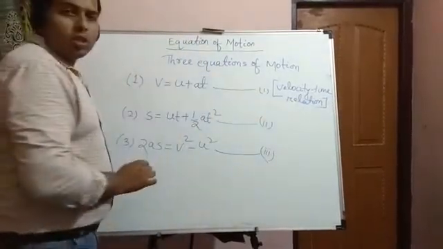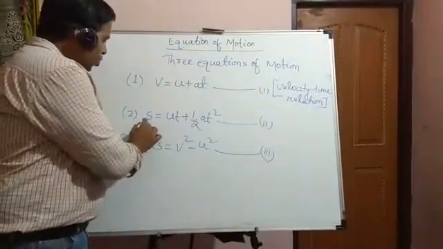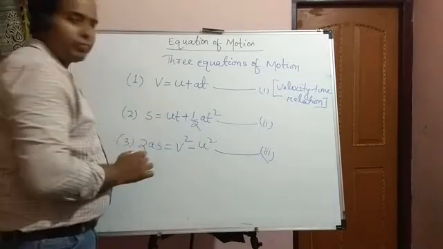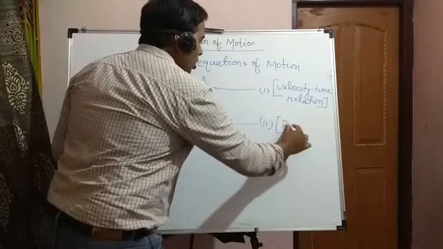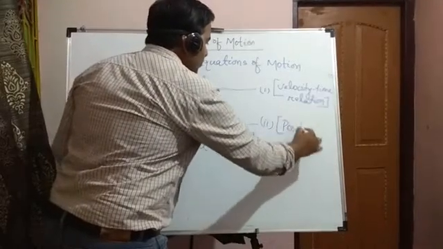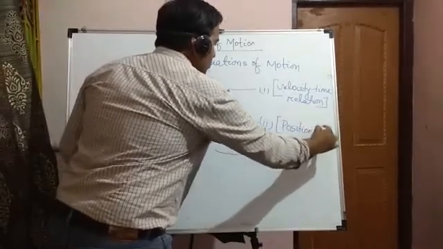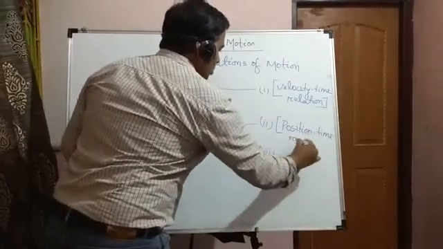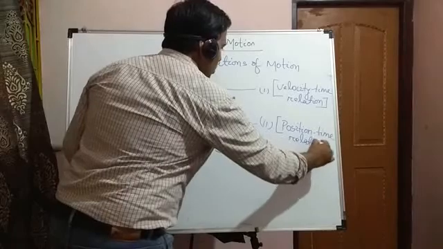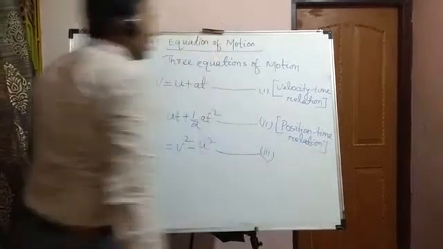In the second equation, we establish a relationship between distance and time, so it is called the distance-time relation or position-time relation.